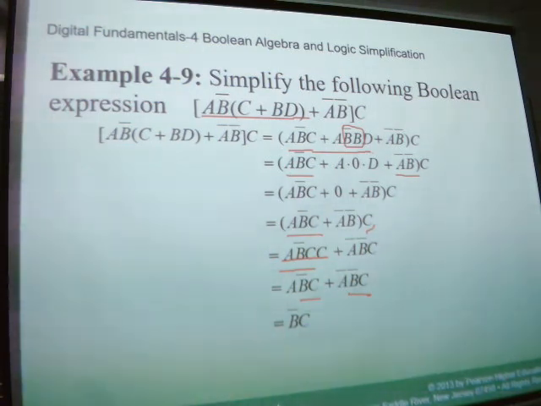So the last form is B bar C. Only one gate, an AND gate.